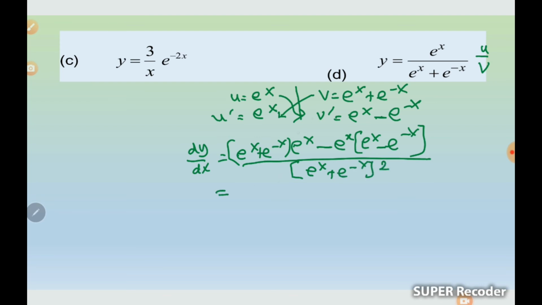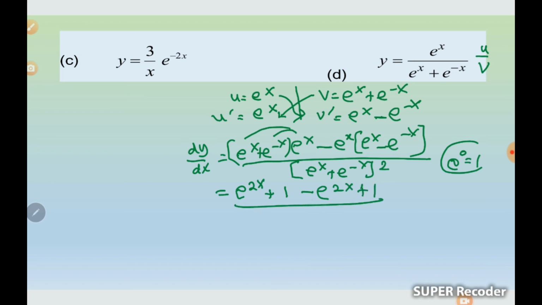So the answer is, you need to expand this. e^x multiplied by e^x, e^(2x). e^x multiplied with e^(-x), e to the power of 0. e to the power of 0 is 1. So plus 1. This one minus e^(2x) and plus 1, over (e^x plus e^(-x)) squared. Then you can cancel out e to the power of 2x. So the answer is 2 over (e^x plus e^(-x)) squared.